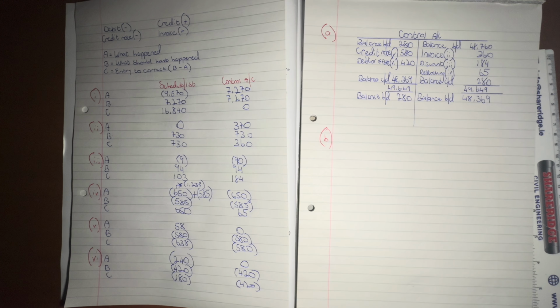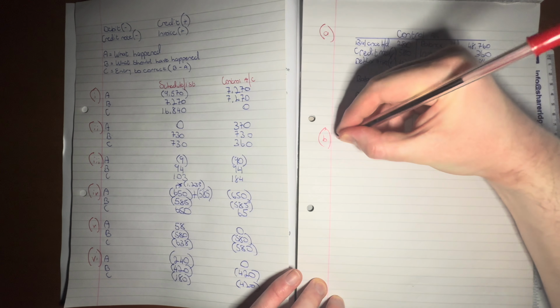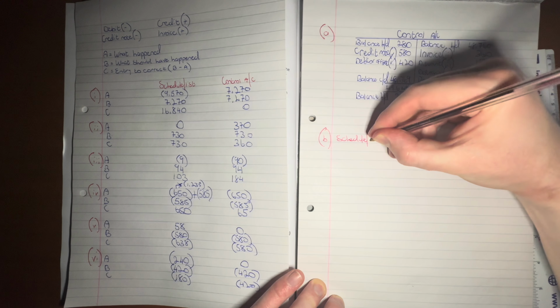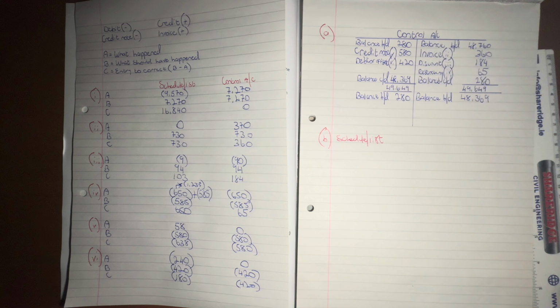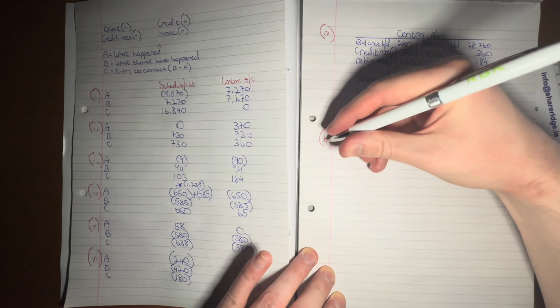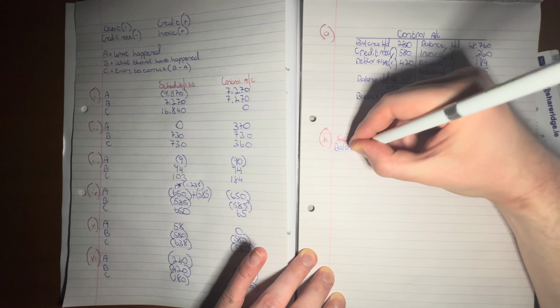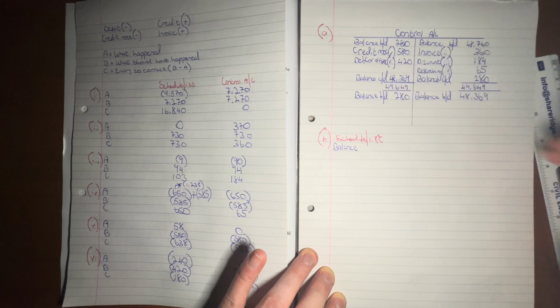Right, so part B. So this is for the schedule or list. It's going to start off with balance as per creditors listing.